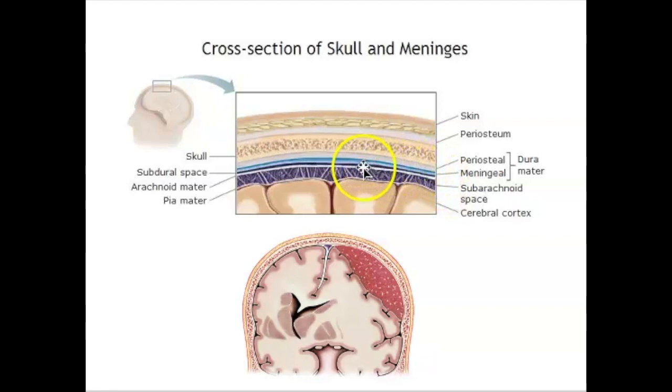Remember, normally there's a little bit of cerebrospinal fluid in there, but not this volume of blood. See what this does to the brain tissue. It distorts it. It pushes against it. And the brain is a soft, squishy tissue, so it has nowhere to go. It's surrounded by skull.